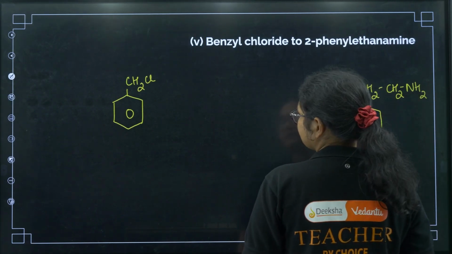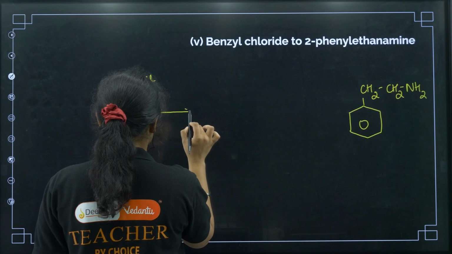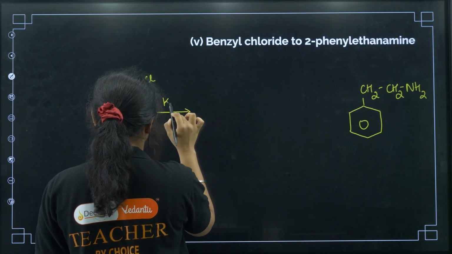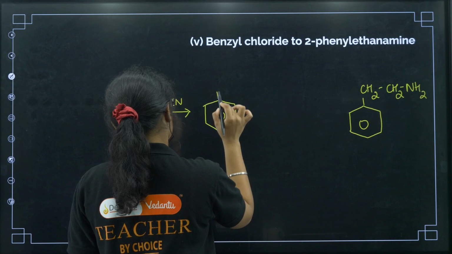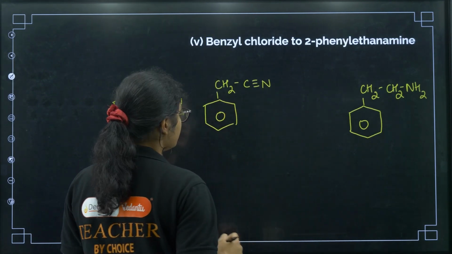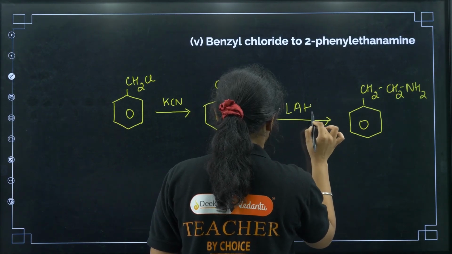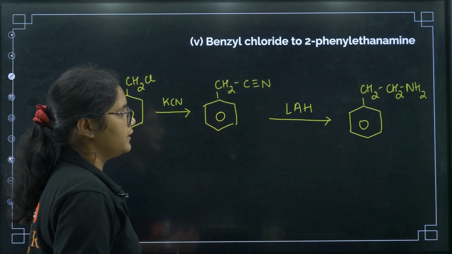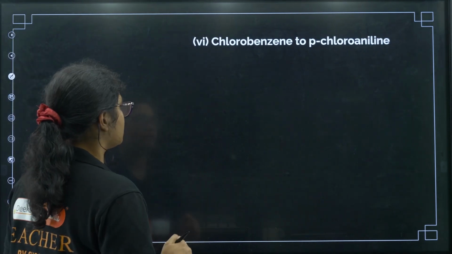Okay, now if I have this group, I can just convert it with KCN. So I'll get CH2 C triple bond N. Okay, now you just can reduce it using lithium aluminium hydride. Okay, done.